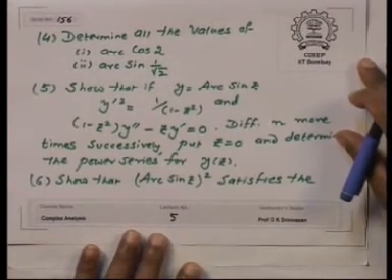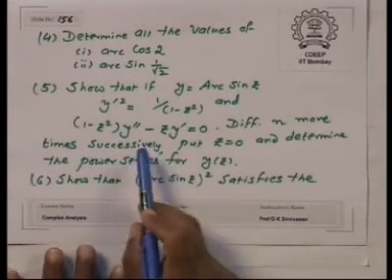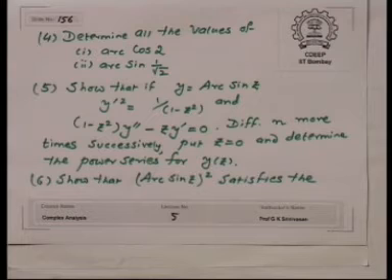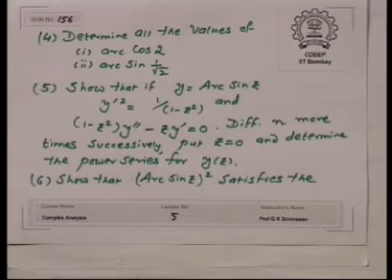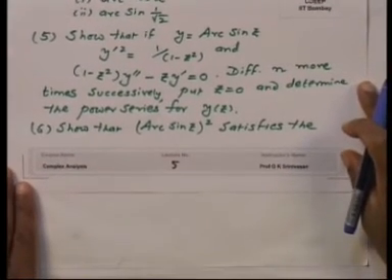So please do this. Find the series solution of this ODE and use y of 0 equal to 0 and y prime 0 equal to 1, thereby finding a power series expansion for arc sine z.